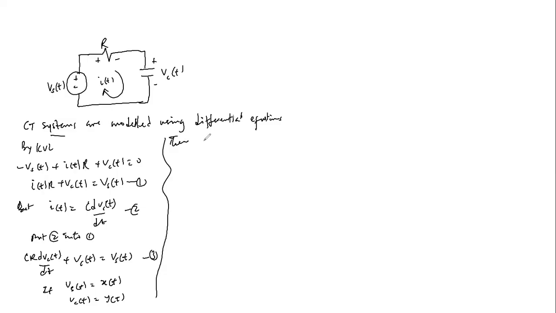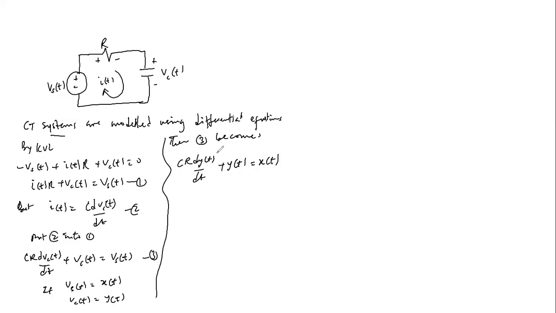Then 3 becomes, substituting, C R dy of t over dt plus y of t is the same as s of t.